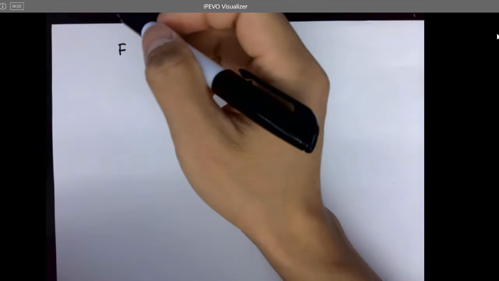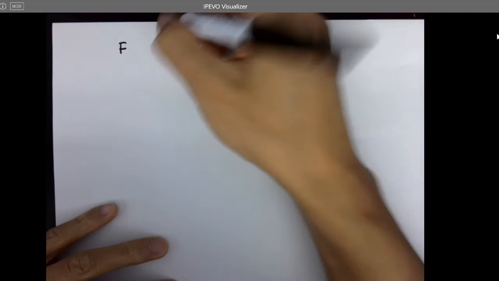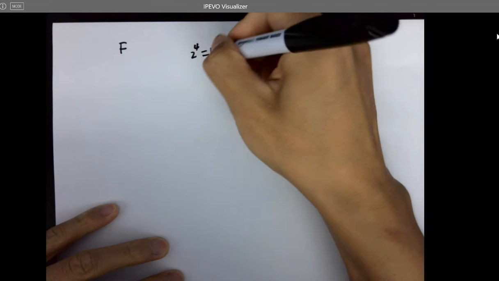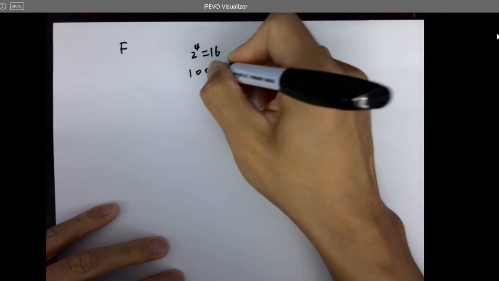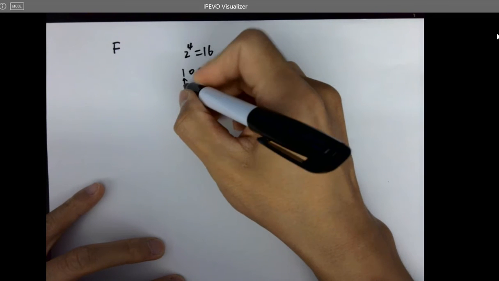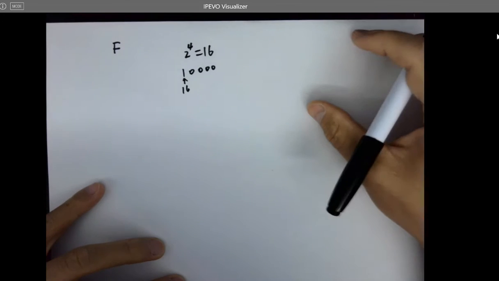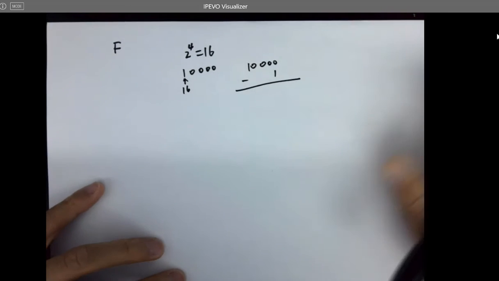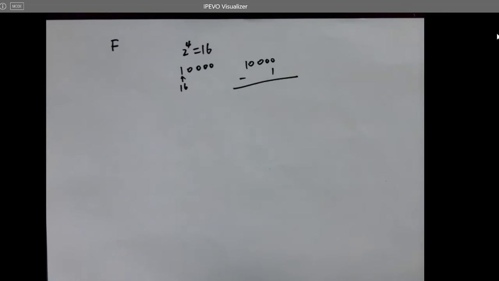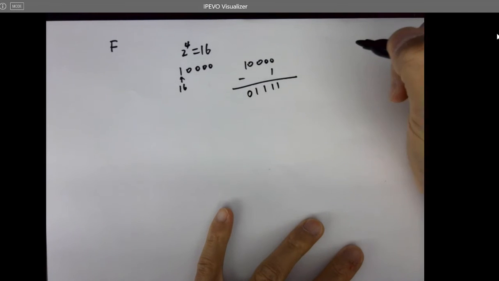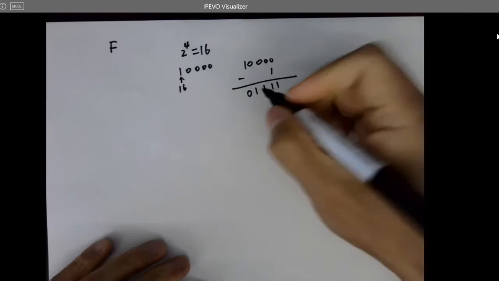There's an easier way to calculate it. For example, we know that 2 to the 4th is 16, which means if I have 4 trailing zeros, this digit represents 16. And if I minus 1, like 1, 0, 0, 0, 0 minus 1, what am I getting? 0, 1, 1, 1, 1. So that's why this is 15.